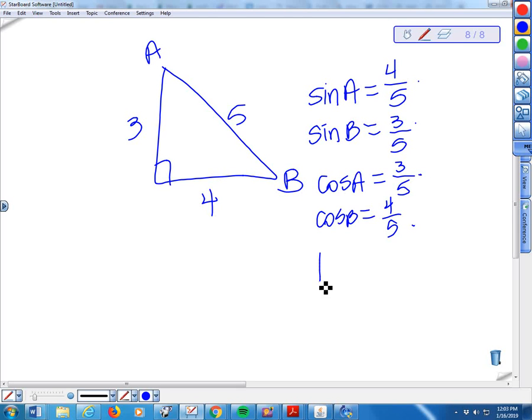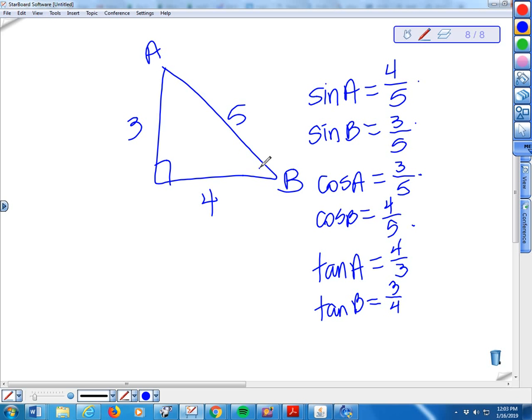And then tangent of A is opposite over adjacent. Tangent B is opposite over adjacent from B. So that's sine, cosine, tangent. Okay?